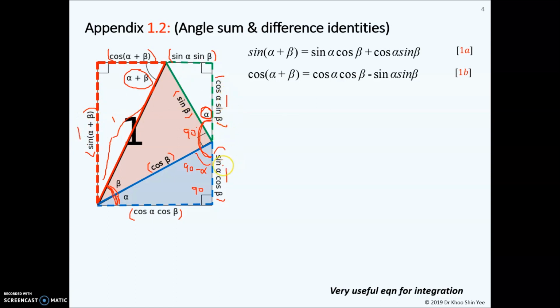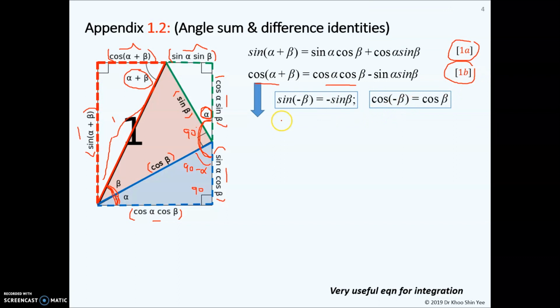So these two distances add up to give you sine alpha plus beta, which is equation 1a. And then for cos alpha plus beta, which is this term, it should be equal to cos alpha cos beta, this term, minus sine alpha sine beta here. This gives you 1b.